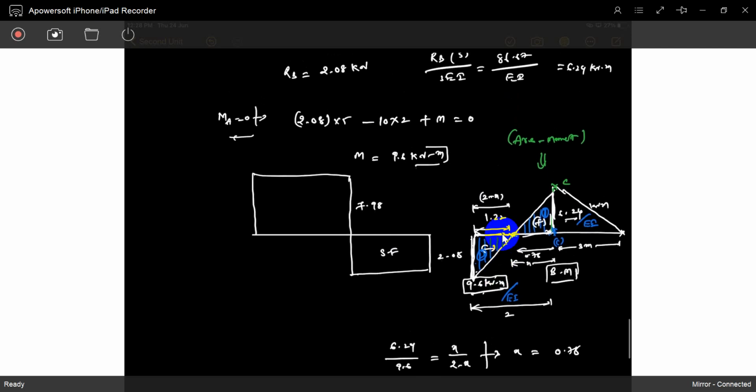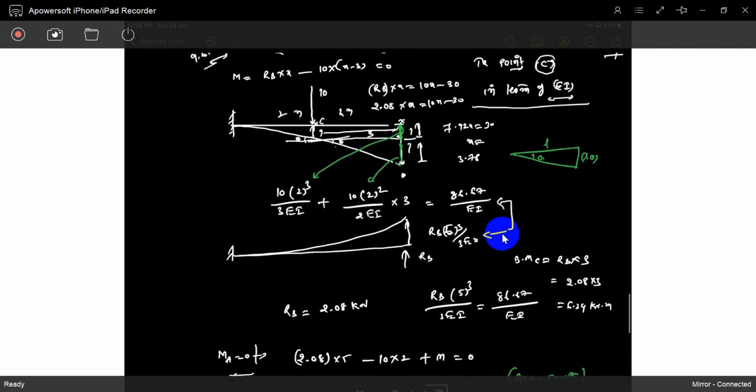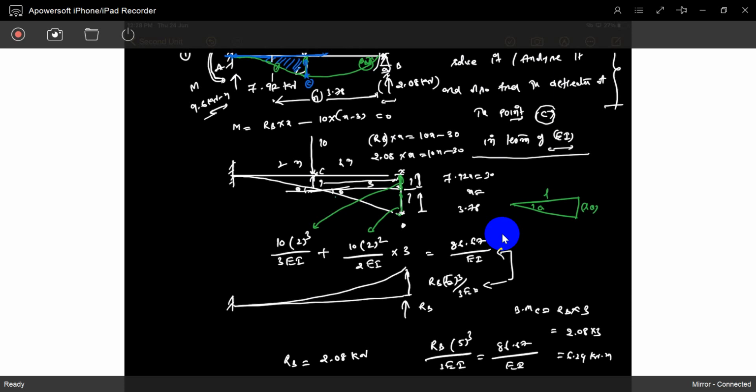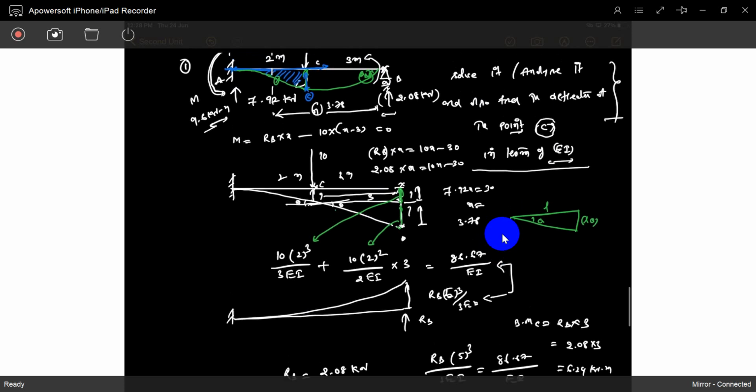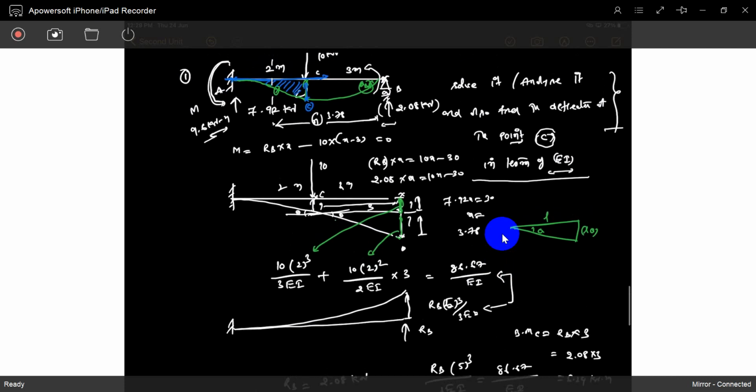This is 9.6, no? 10 into 2, and RB is what? 2.08. It's okay, once again I will check it. 2.08 into 5 minus 10 into 2, it's 9.6. Okay. Something is there in the textbook.